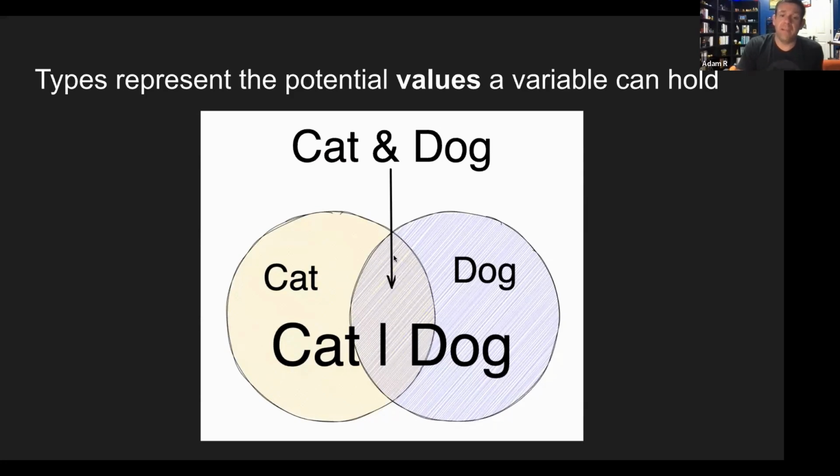So that may not have any meaning. But if you were to declare a variable of cat and dog, it's both a cat, got everything that makes a cat, and also a dog at the same time, which is kind of terrifying. But the cat or dog, it's either. It's either a dog, anything that can be a dog, anything that could be a cat, either way.